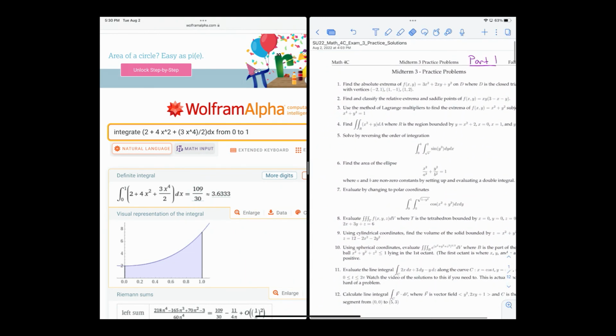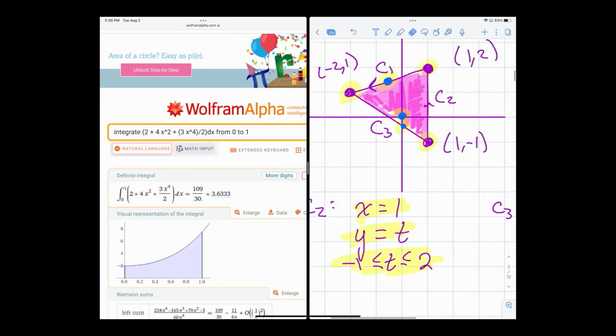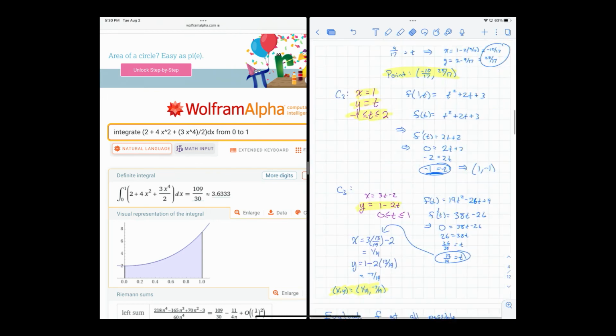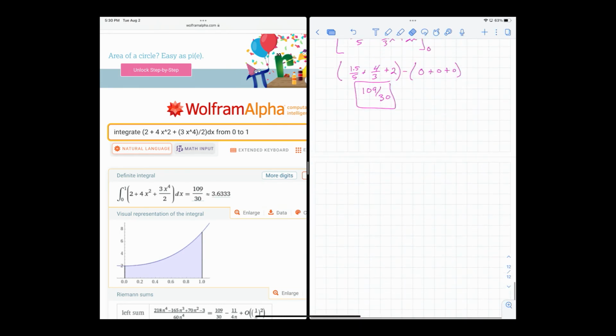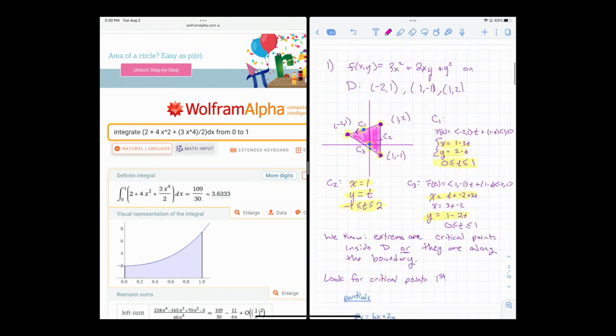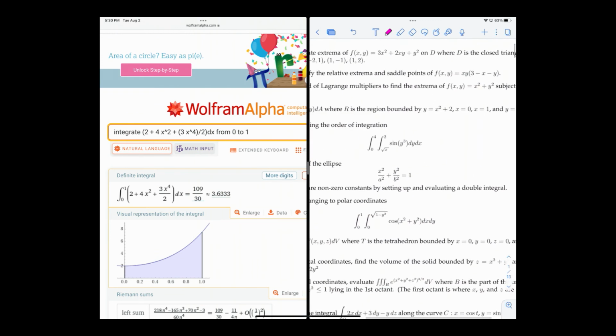I think we can do one more and then we must stop. Reverse the order of integration. Oh no. The integral from 0 to 4, square root x to 2. Yeah, square root x is on the bottom.